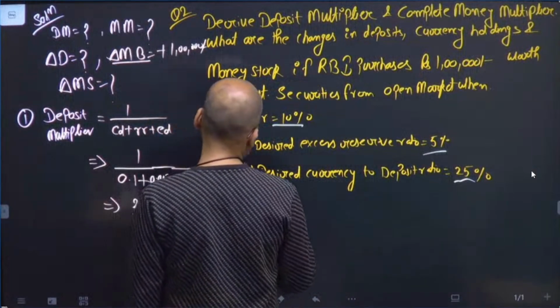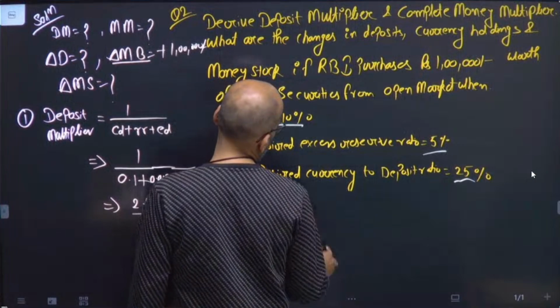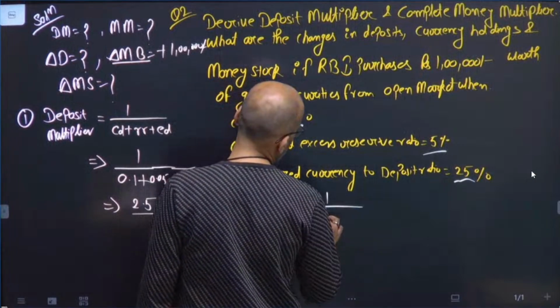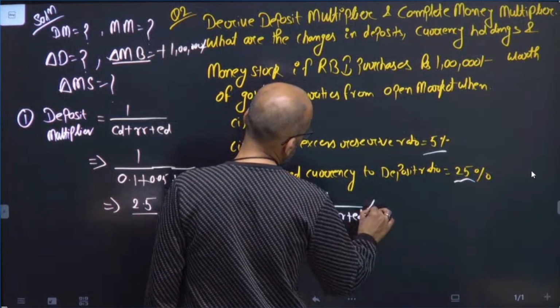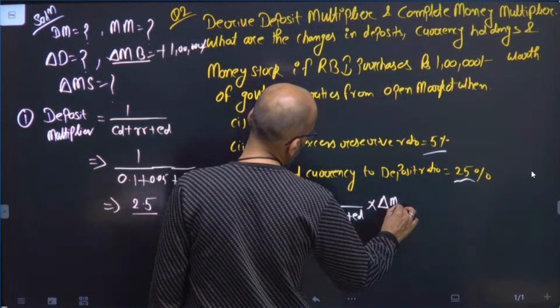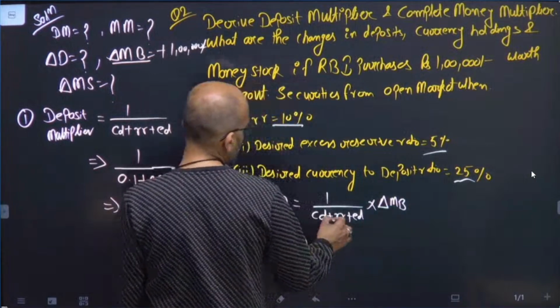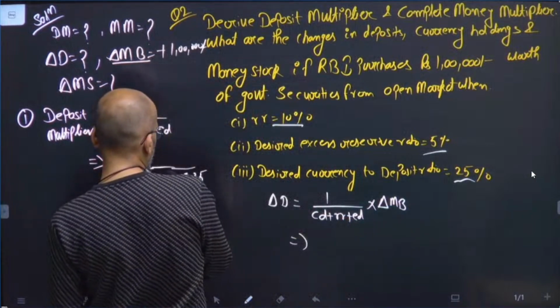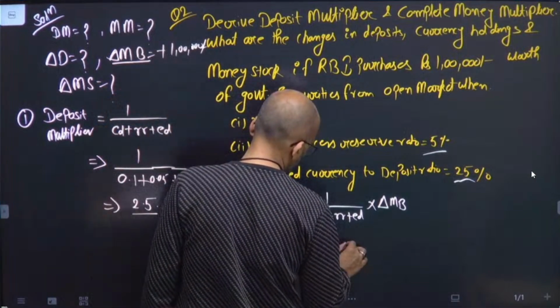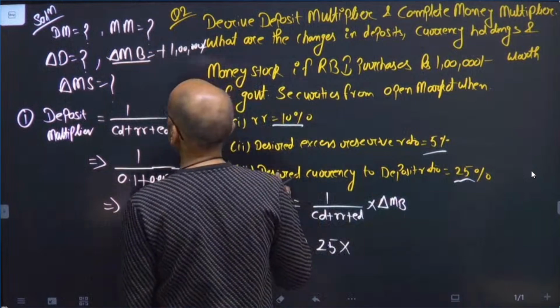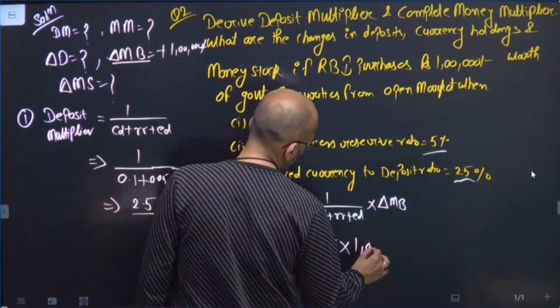They are asking you delta D. Delta D will be 1 upon CD plus RR plus ED into delta MB. 1 upon CD plus RR plus ED, we have already calculated, it is 2.5. Delta MB is 1 lakh and positive.